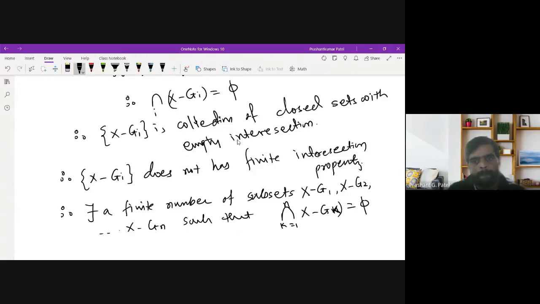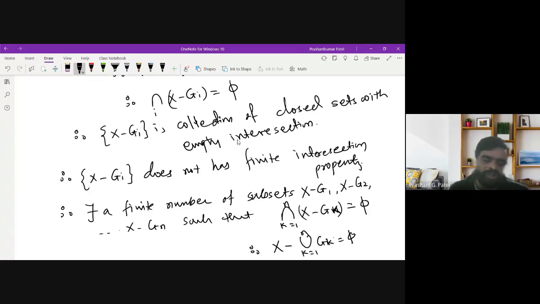But this gives you that X minus the union of Gk, k running from 1 to n, is empty.